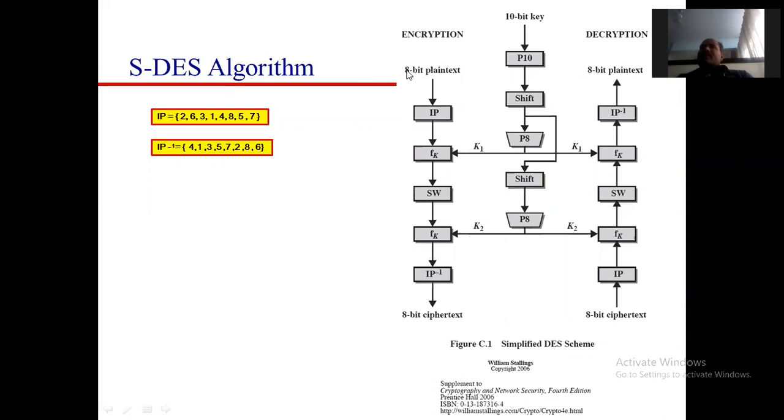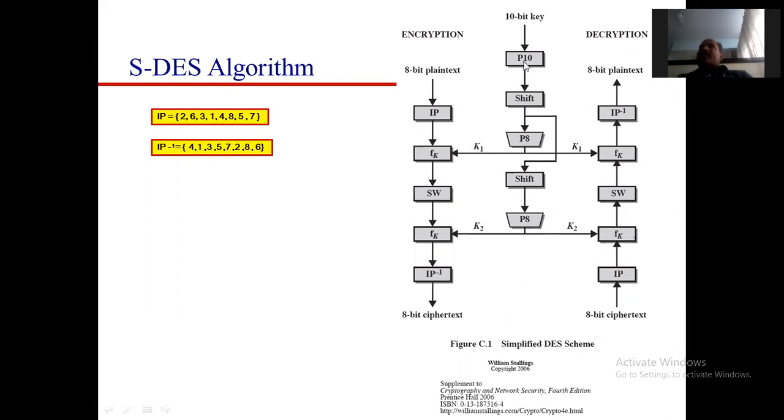So you can see the 8-bit plain text is taken, and it provides the 8-bit cipher text in the encryption. And in the decryption, it takes the 8-bit cipher text, and it provides the 8-bit plain text here.